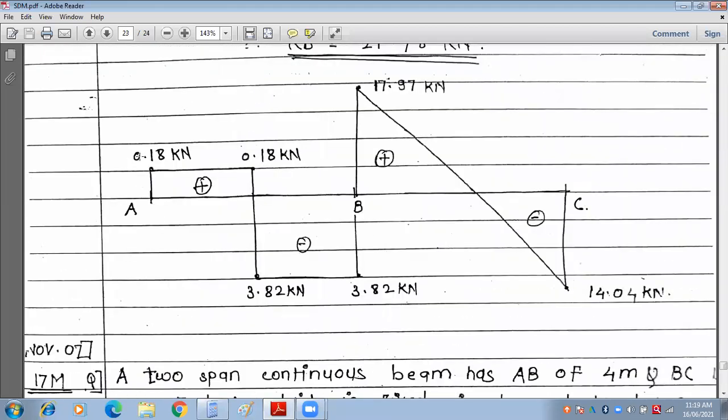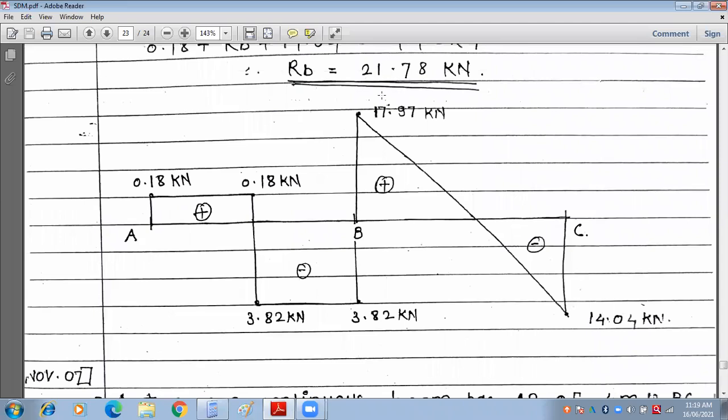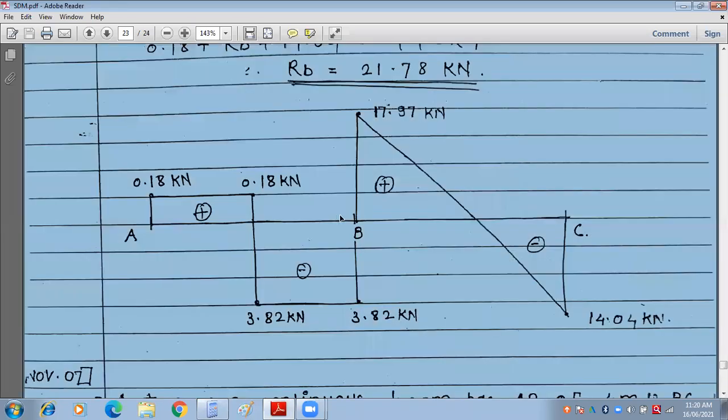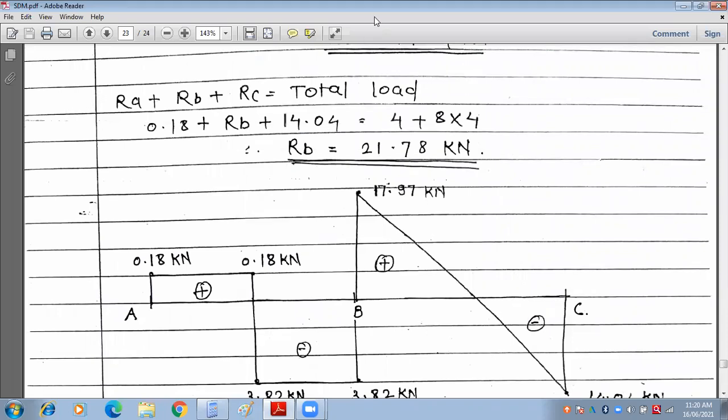It will be like this one: 0.18, below this 3.84, 3.82, above this 17.97, and below this 14.04. It shows your shear force diagram. In such a way, we can analyze any kind of beam by using the slope deflection method.